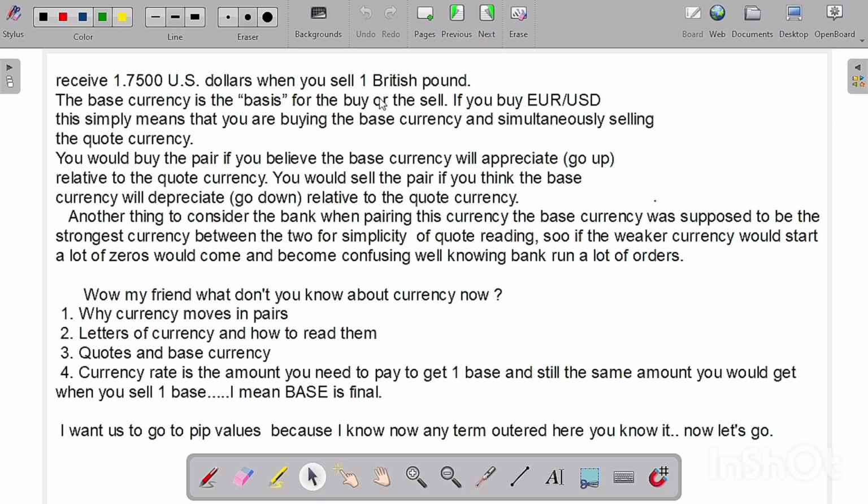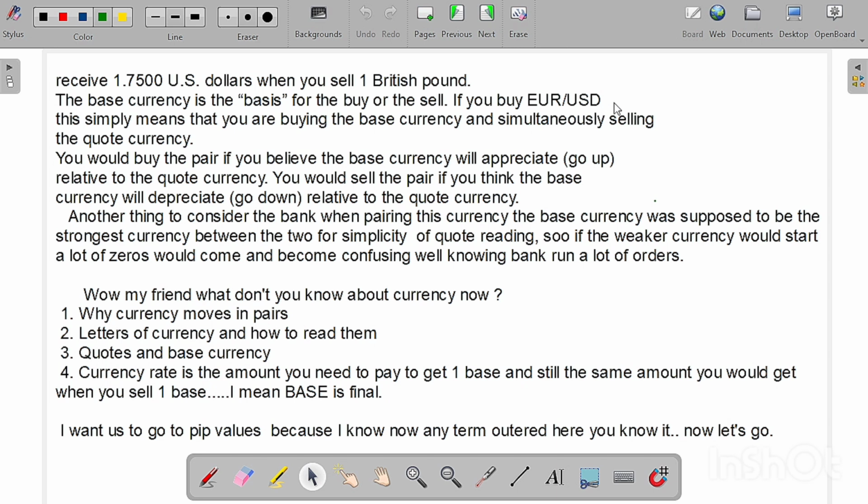It's the one which is bought and the one which is sold. The first is the amount you would spend to get 1 base currency, and this one is the amount you would get when you sell 1 base currency. So the base currency is the basis for the buy or sell.